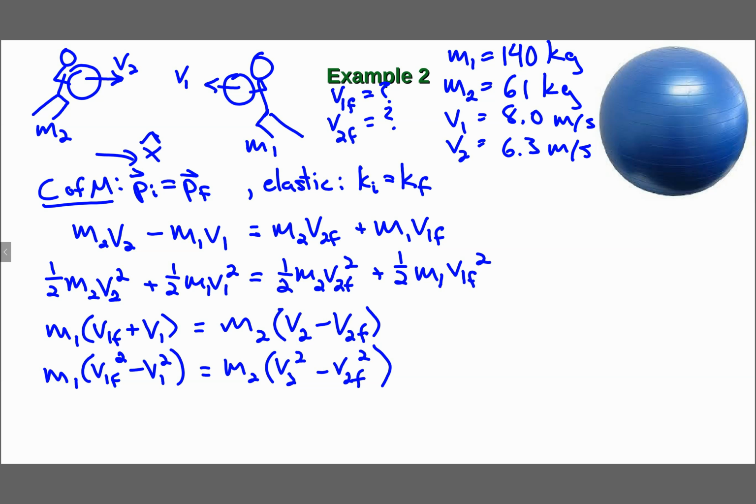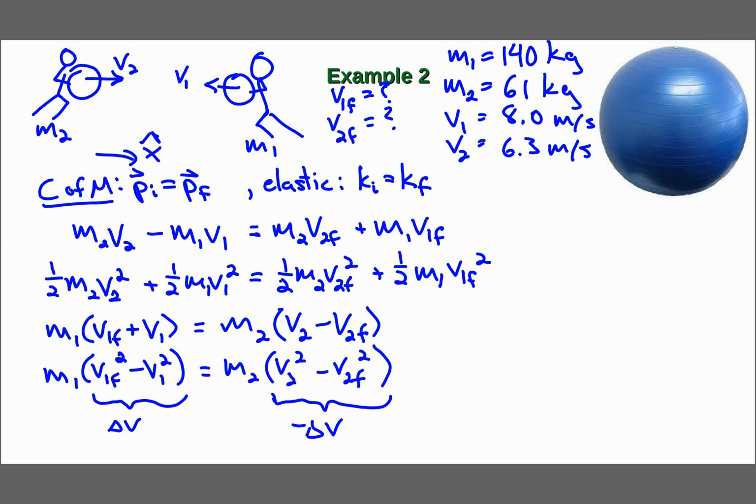Okay? And notice this one is delta v for me, and this one is minus delta v for my wife.